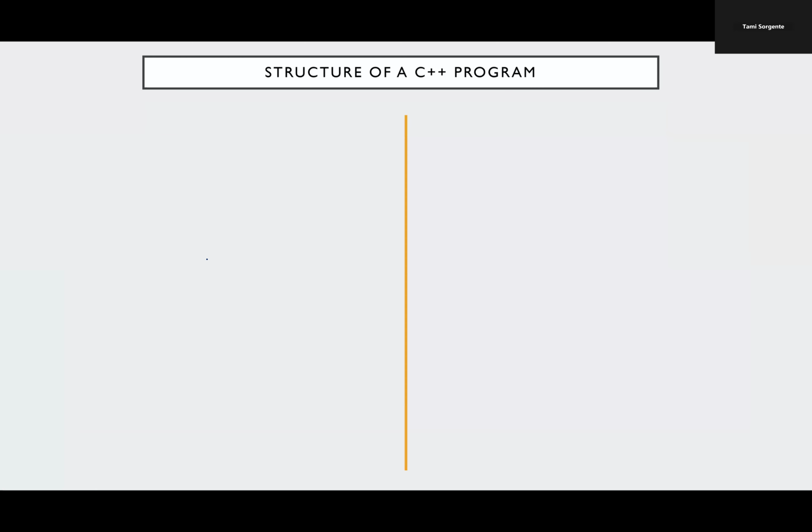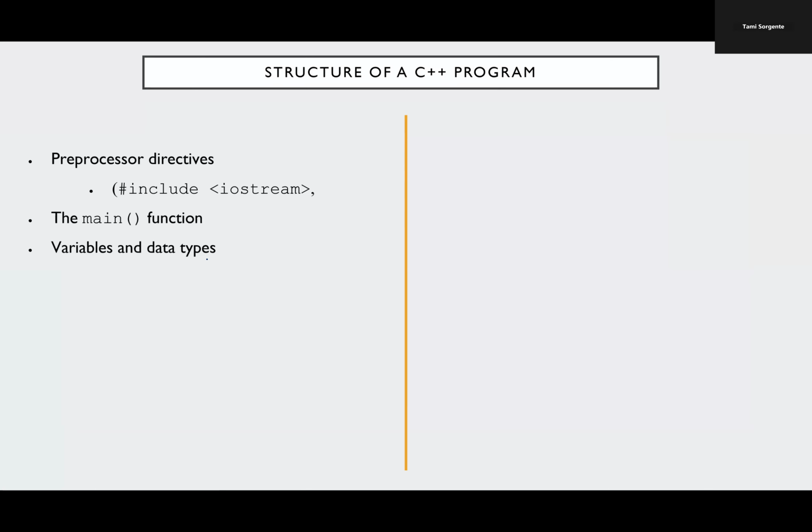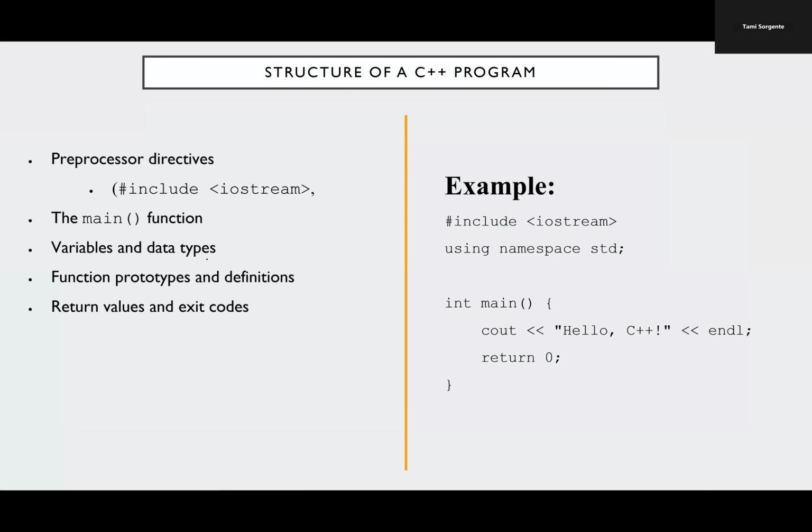So here is the C++ program. Just like a C program, you have your preprocessor directives. So instead of using io.h, you use iostream. To avoid having to put the std in the scope resolution operator, you can say using namespace std, then you don't have to add that.